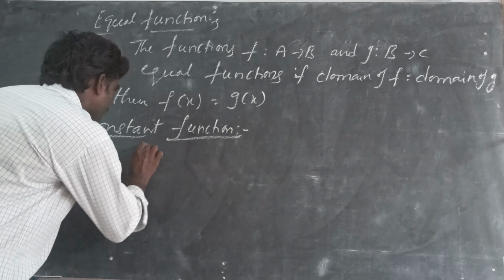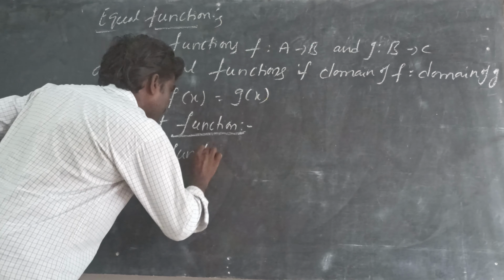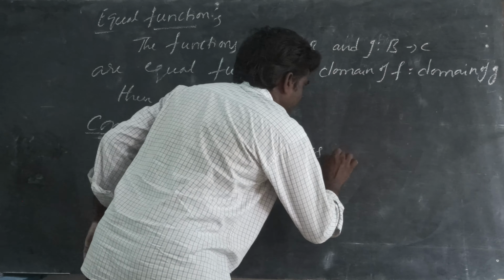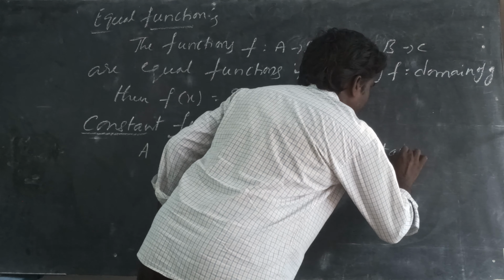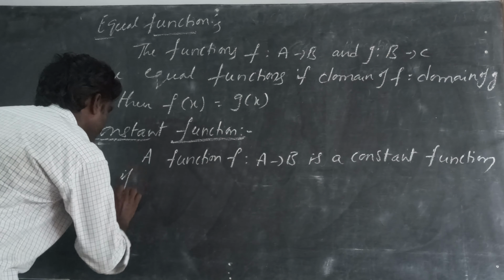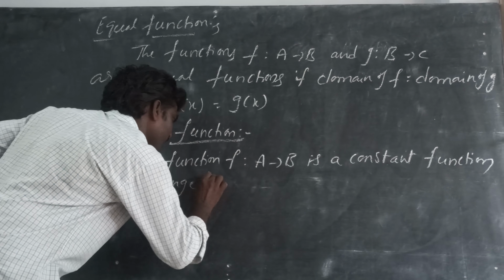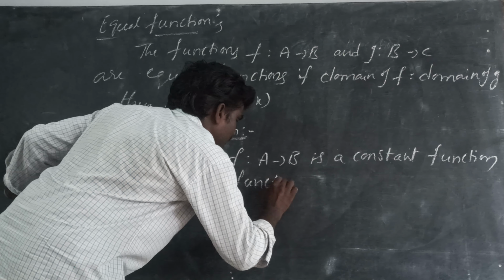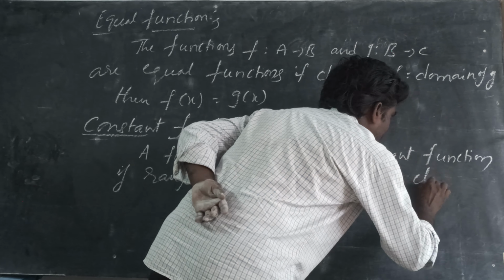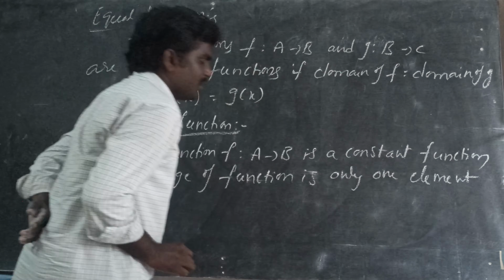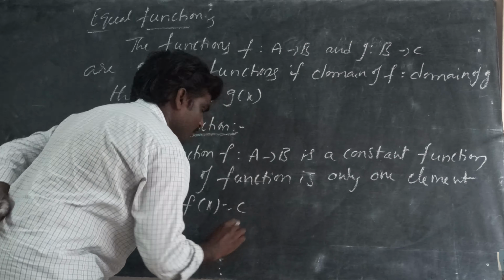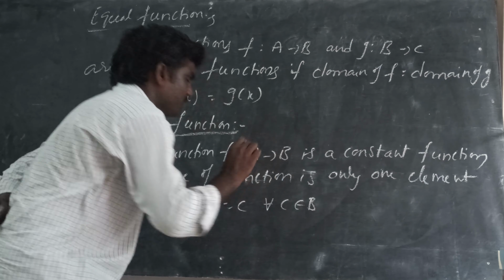So a function f from A to B is a constant function if the range of the function is only one element, that is f of x is equal to c for all x belonging to A.